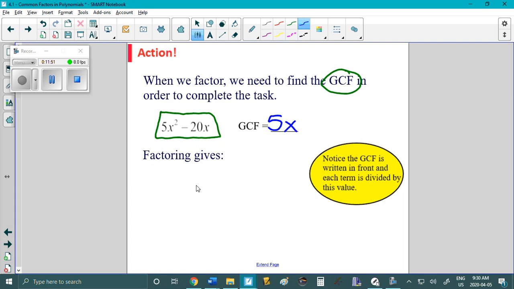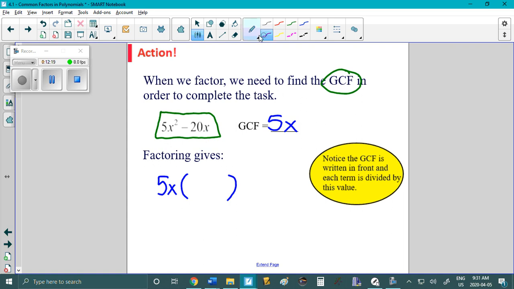Now, here is your first factoring question, and I don't expect you to do it, but I'm going to walk through it now. So if you want to try it yourself, you can pause at any time. So when we factor, this greatest common factor is actually going to come out front, and then we're going to put some brackets. So what you can do is pause now and figure out what goes in the brackets so that when this gets multiplied through, we get back to here.